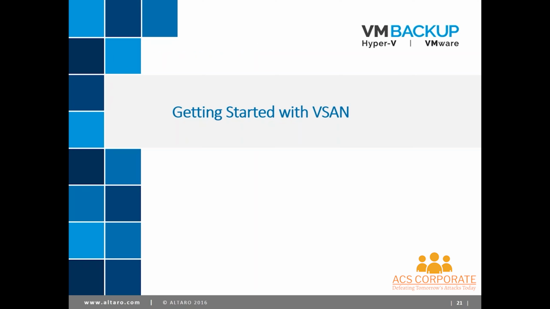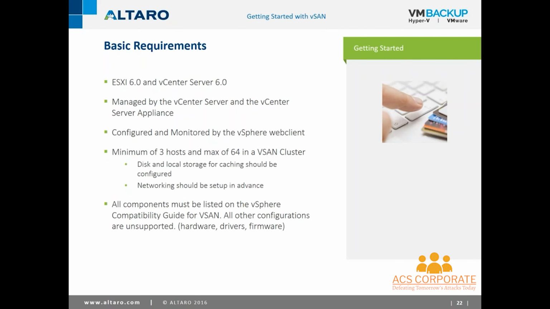All right. So next, we're going to take a look at getting started with VSAN. What are the requirements, what the actual interface looks like, and the steps that you would take to implement this. At a minimum, you should be running ESXi 6.0 and vCenter version 6. Now, Andy had mentioned 6.5 is out.